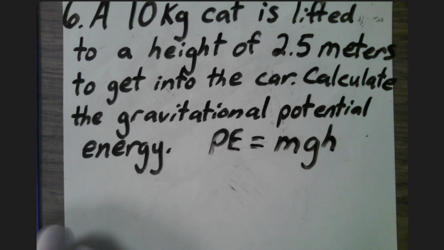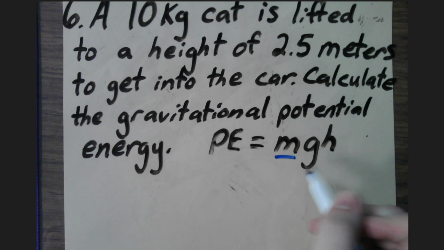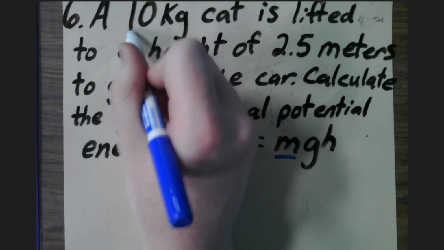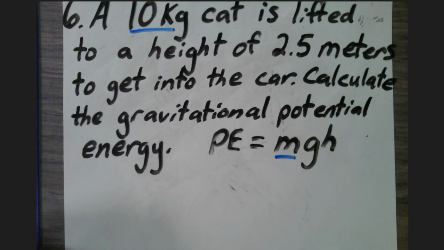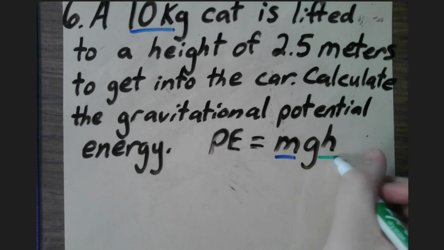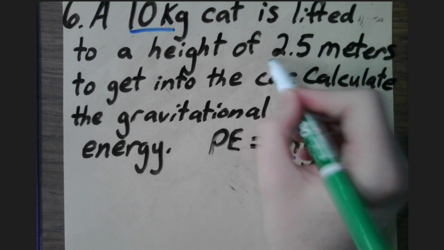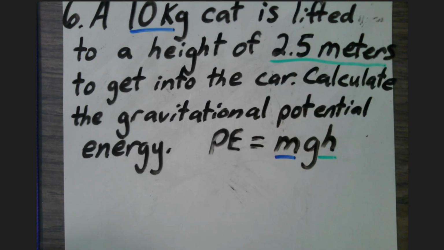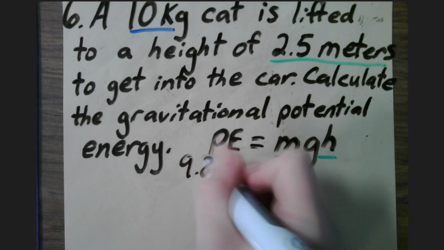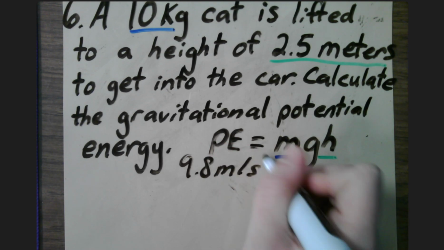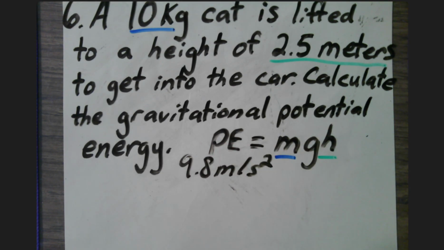Well, our mass, we're going to do in blue, is 10 kilograms. Our height, which is green, is 2.5 meters. Now for gravity, it's going to be the same because we're here on Earth. Unless it states that we're on a different planet, always assume that it is going to be the same, 9.8 meters per second squared. That is our gravity.